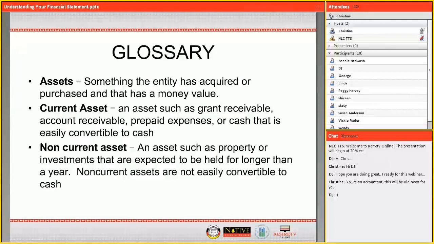That's the whole principle of a current asset: how quickly could you turn this into cash if you needed to? Non-current assets are usually property or investments that are expected to be held for longer than a year. You can convert them to cash, but it's not easy. If you want to convert a building into cash, it's going to take a while to get to that point. All right.